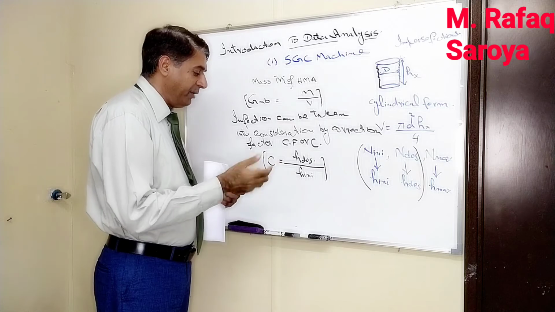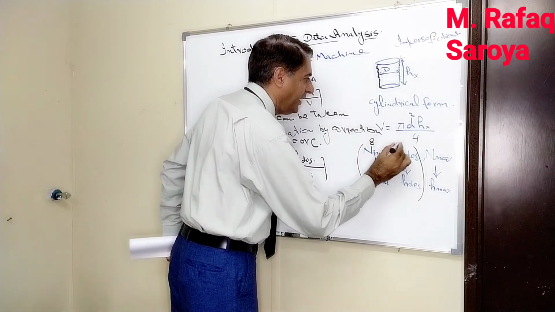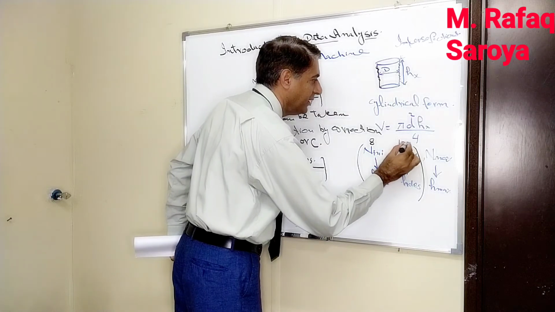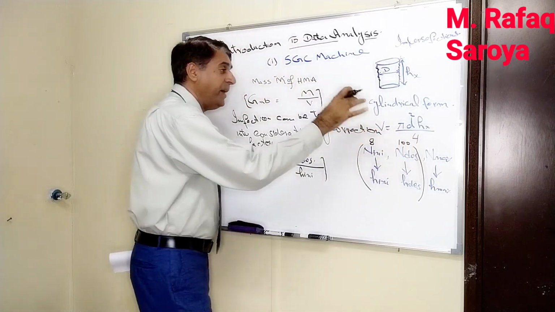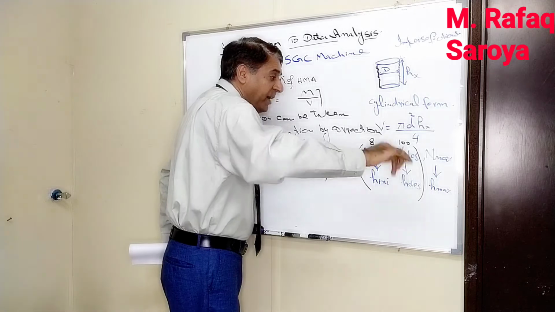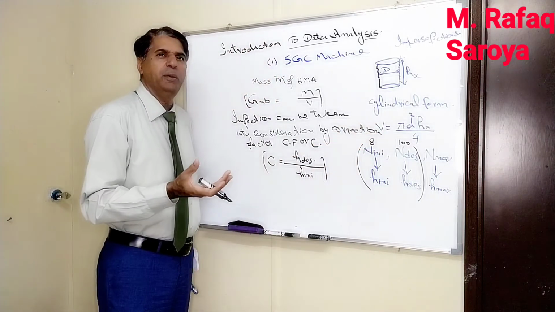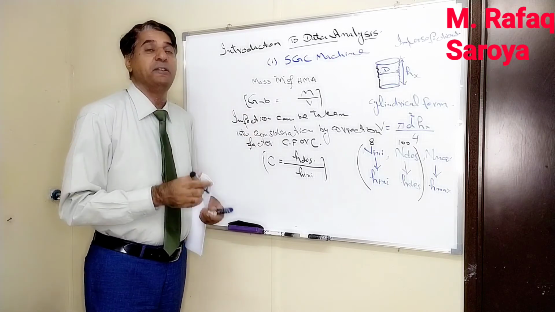Here N ini, I have already told you, is 8 revolutions and N max is 100 revolutions. Naturally, when it is compacted 100 times, the height would be less. When it is compacted only by 8 rounds, height will be more. So that is why the value of C is always less than 1.